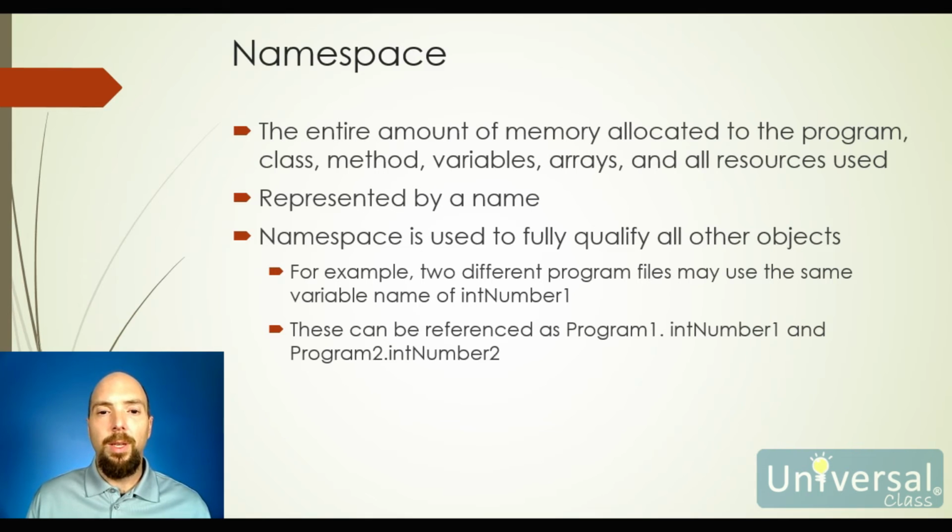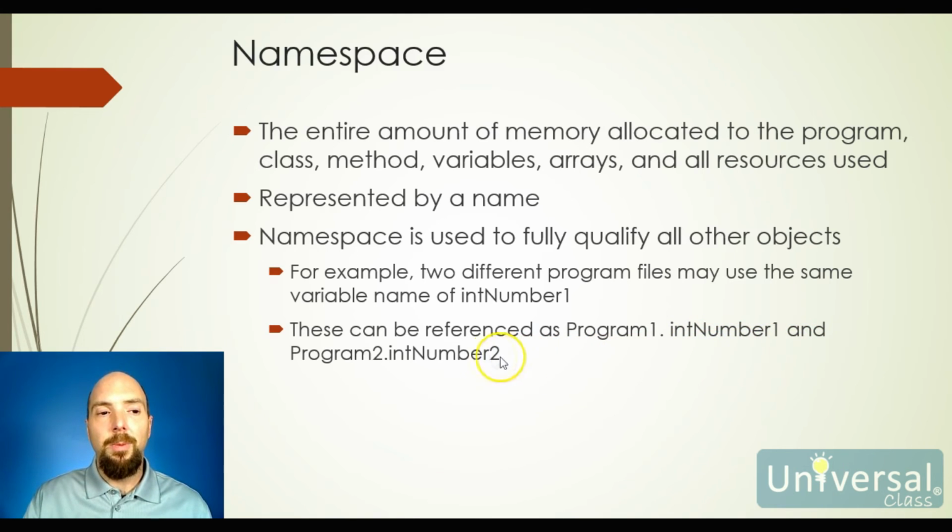And the reason for this is it's possible that two separate programs may have the same method names, or the same variable names, or the same objects or classes or whatever else. And so what we can do is differentiate them by fully qualifying the name. And the way that we do that is we reference it as the name of the program, or the name of the namespace, dot, and then whatever the item is that we want to reference.